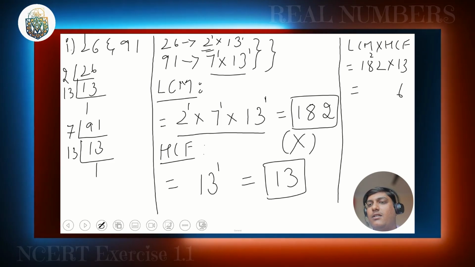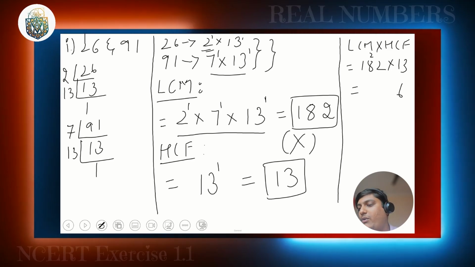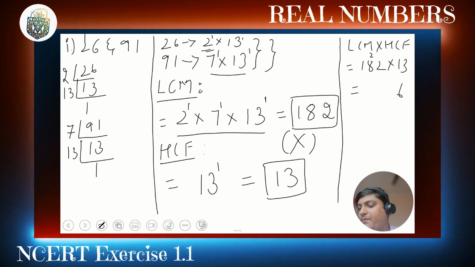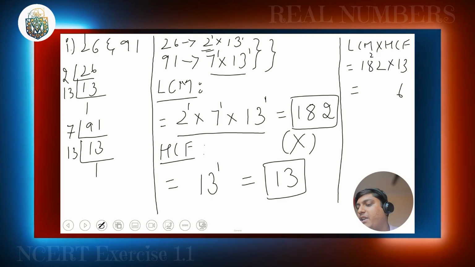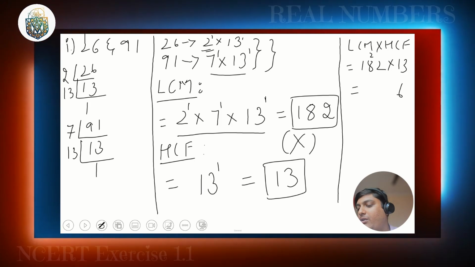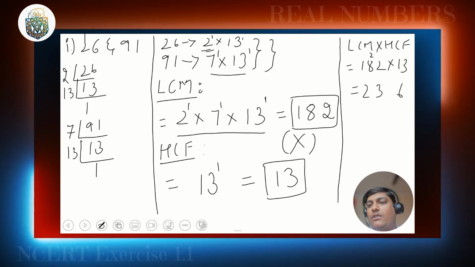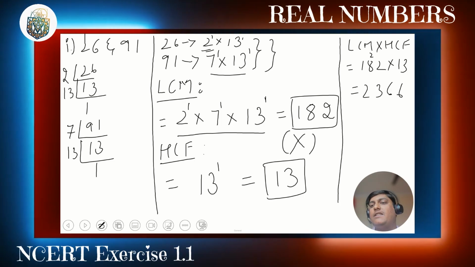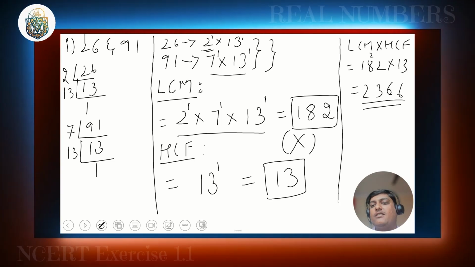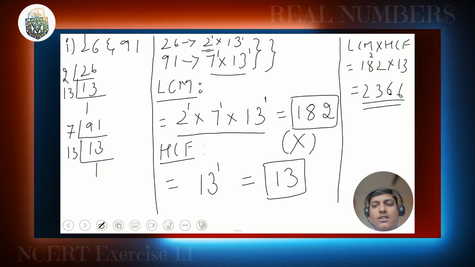Please do the calculations. 13 into 182 will be equal to 2366. Okay, please cross verify.